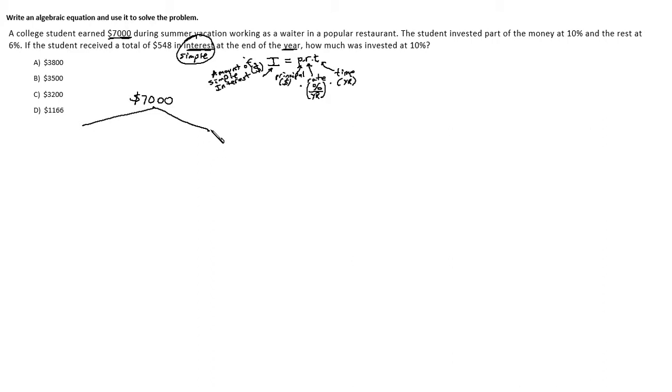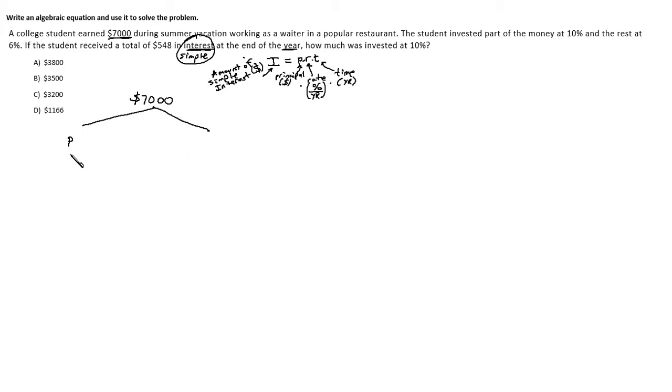This student who's worked as a waiter has some money that he's going to invest at 10%, and we don't know how much money that is. What we're looking at is a P, an R, and a T. We have 2 investments.